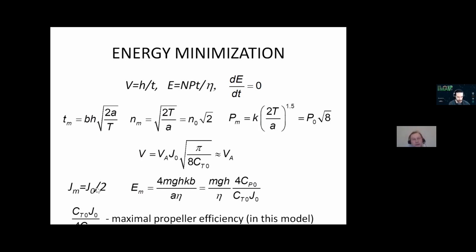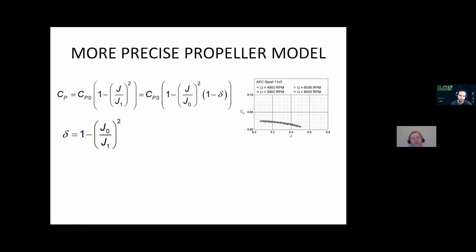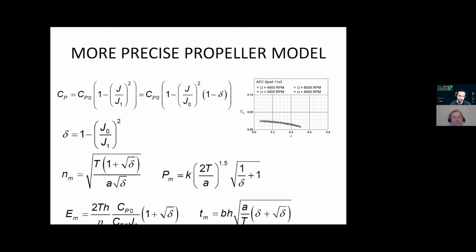So the next proposal is to make a more precise model, since for some cases the previous model is maybe not good enough. The idea is to approximate this C_P by a parabola, where J sub 1 is the point where C_P is equal to 0. So we get formulas that are nearly the same as those we obtained earlier.